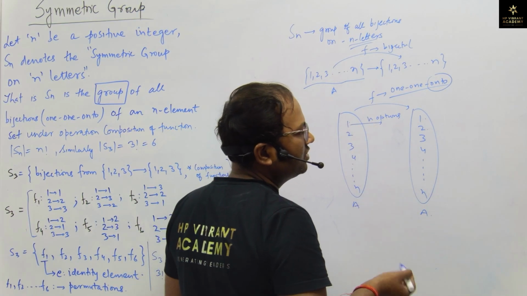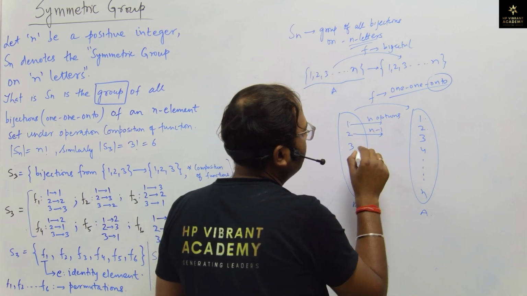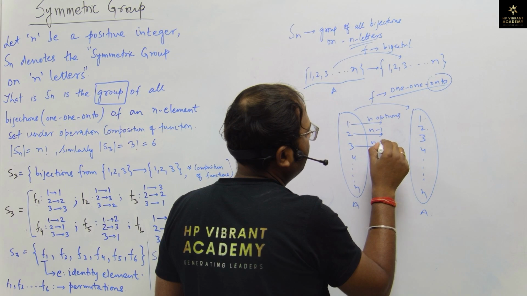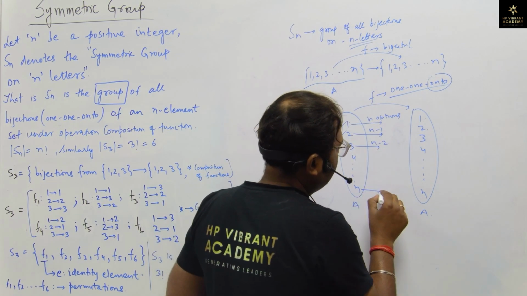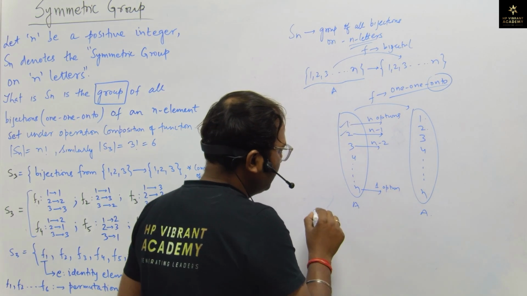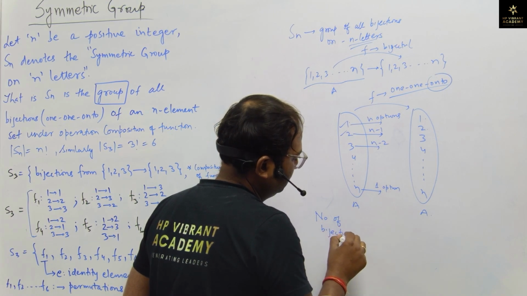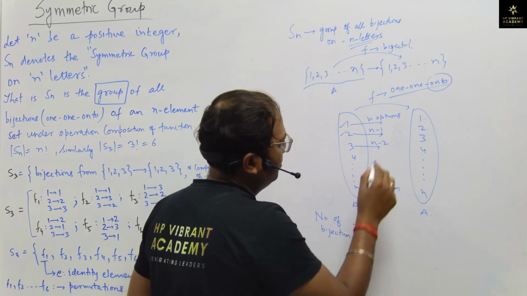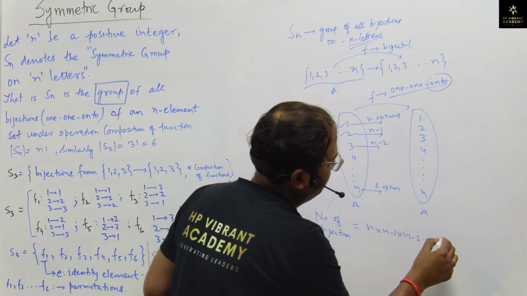Since 1 is already mapped, 2 is left with n minus 1 options. Similarly, 3 is left with n minus 2 options because 2 elements are already mapped. Similarly, n is left with 1 option. So the number of bijections is equal to n into n minus 1 into n minus 2 up to 1.